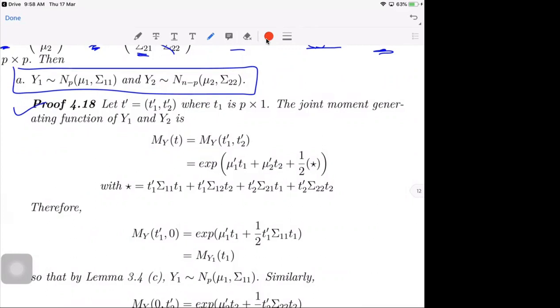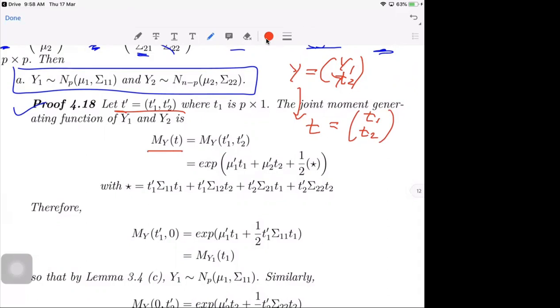So if we partition y into y1 and y2, t gets the dimension of y also. So we can partition t as t1 and t2. So t is also p by 1, the same as the dimension of y1.